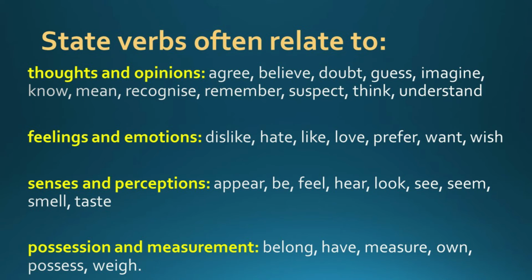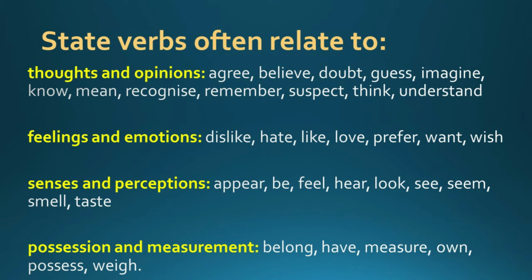State verbs often relate to thoughts and opinions, feelings and emotions, senses and perceptions, possession and measurement. Here are some of the common static verbs. In thoughts and opinions, you have agree, believe, imagine, remember, think.